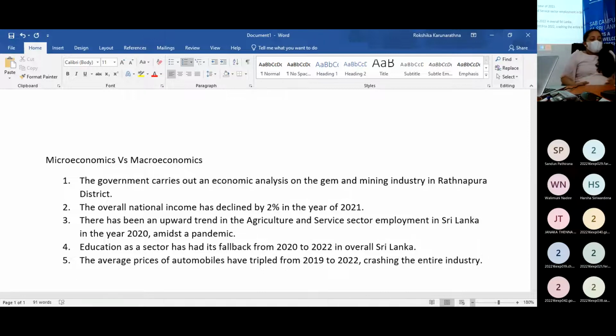Fifth, the average prices of automobiles have tripled from 2019 to 2022, crashing the entire industry.